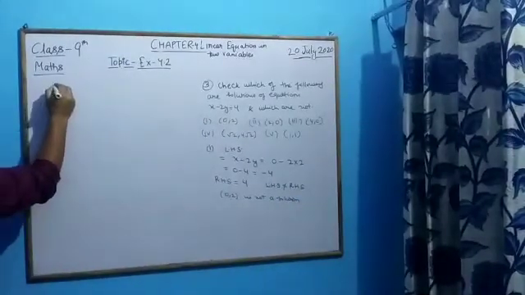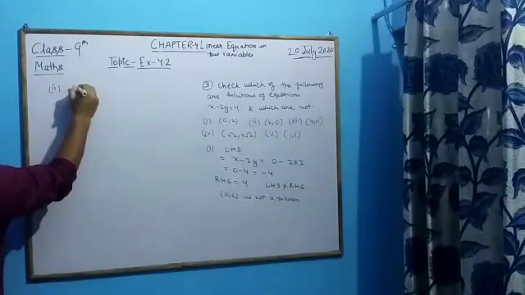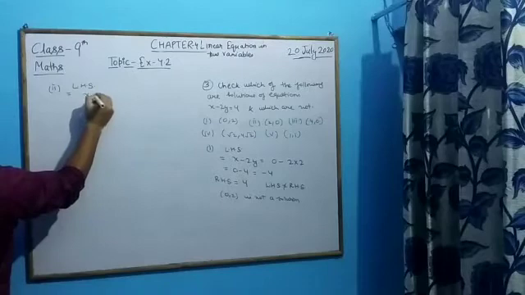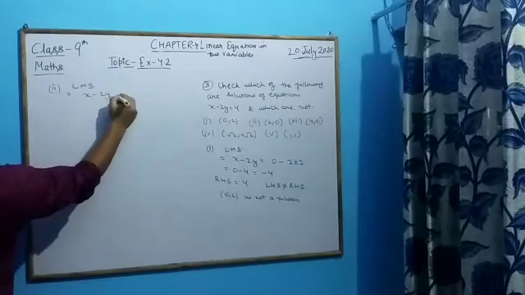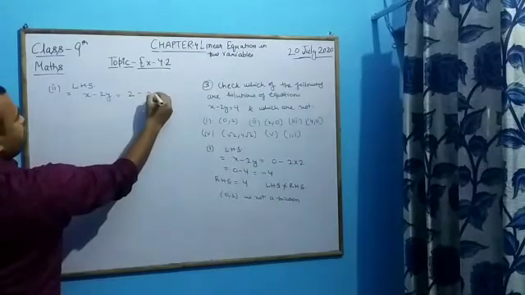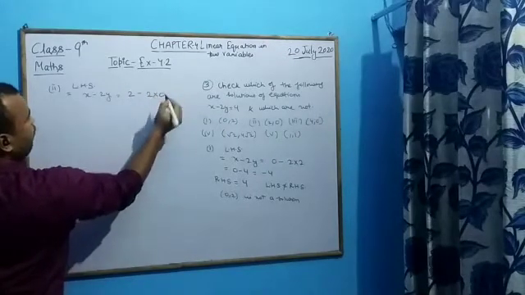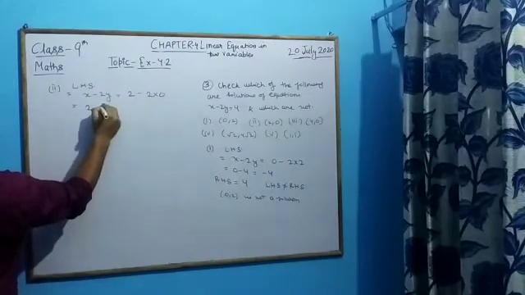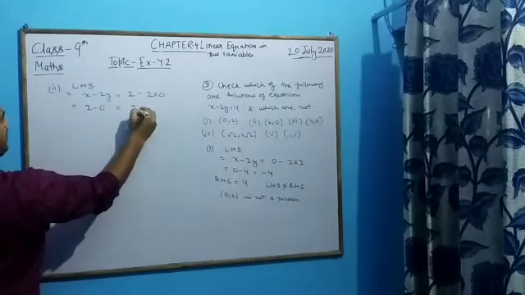The process is same. Let us find left hand side. It is x minus 2y. Again, what is x? Value of x is 2. And what is value of y? It is 0. Now it is 2 minus 2 into 0, that is 0. 2 minus 0, that is 2.